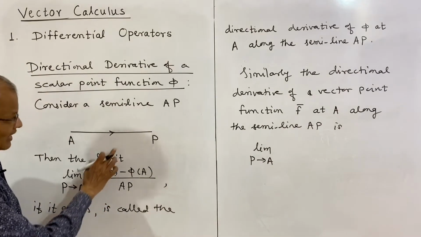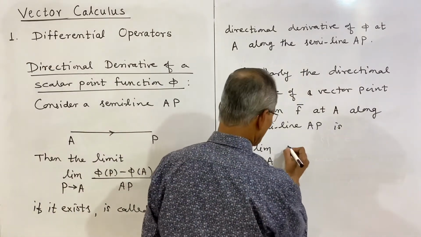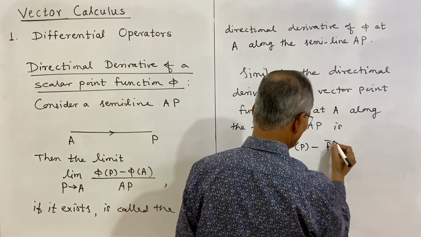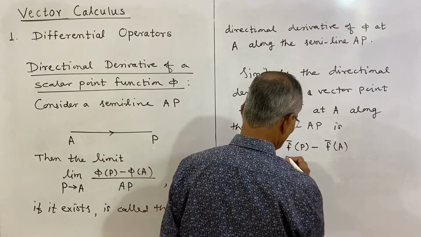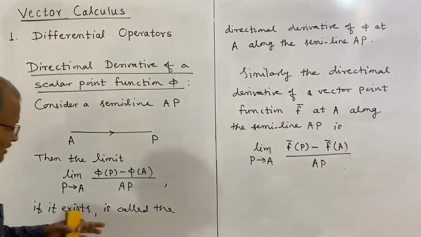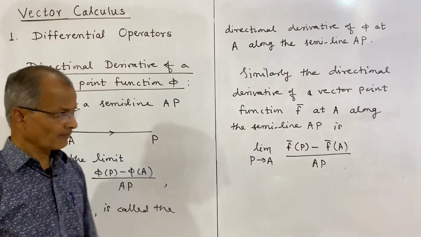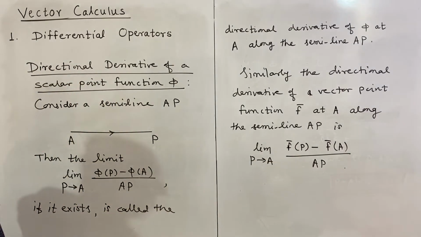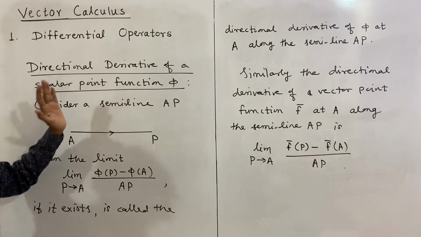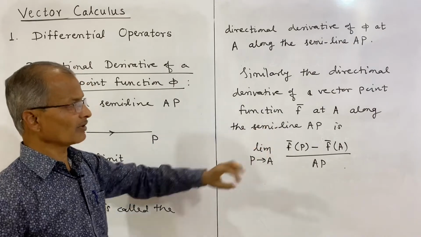Here it was phi, scalar point function, and here now it is vector point function. That will be f bar of p minus f bar of a divided by ap. So here we have used phi notation for scalar and f bar notation for vector quantity.